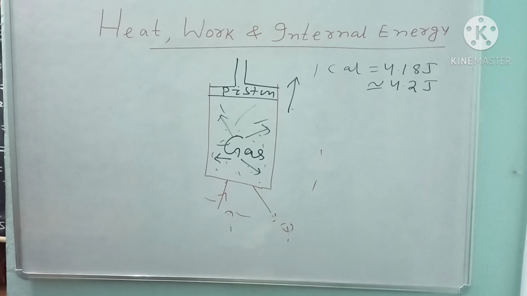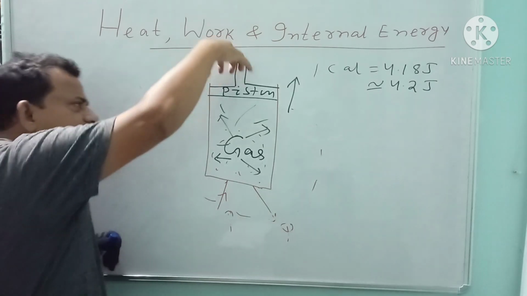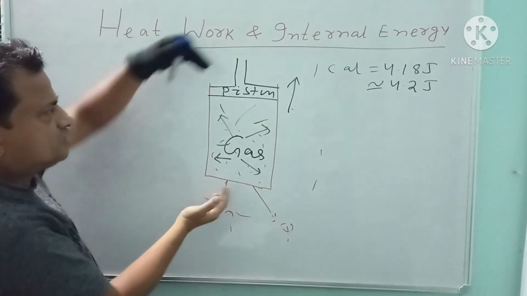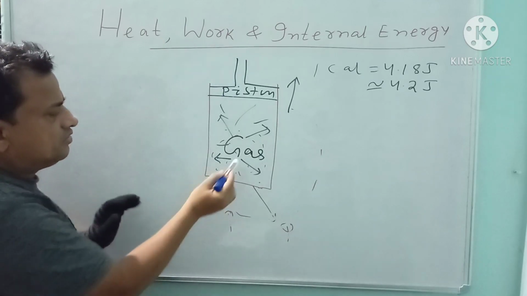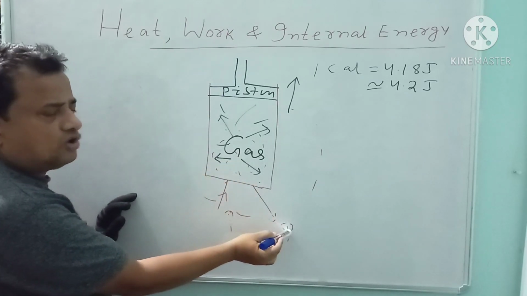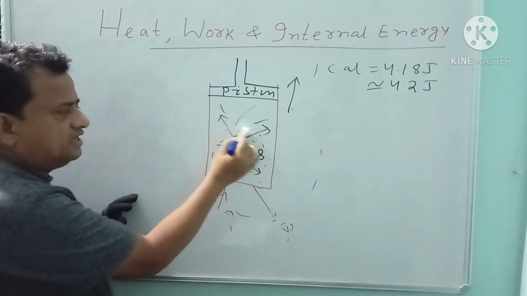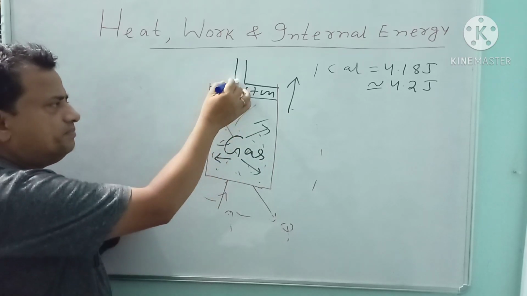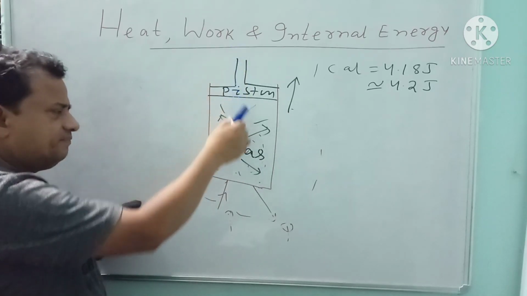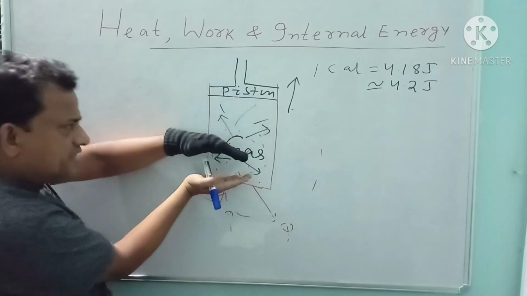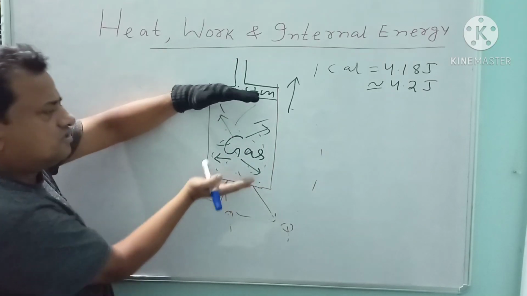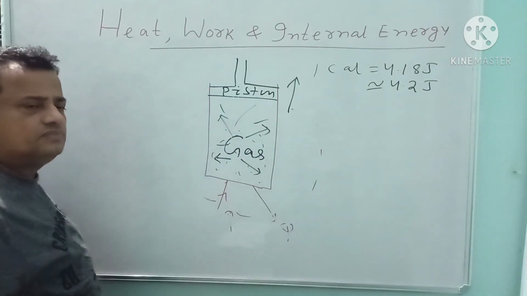And when the piston is compressed, the heat is released to the surrounding by the gas. When the piston is compressed, the gas is compressed. I mean, when the piston moves in this direction, the gas is compressed.